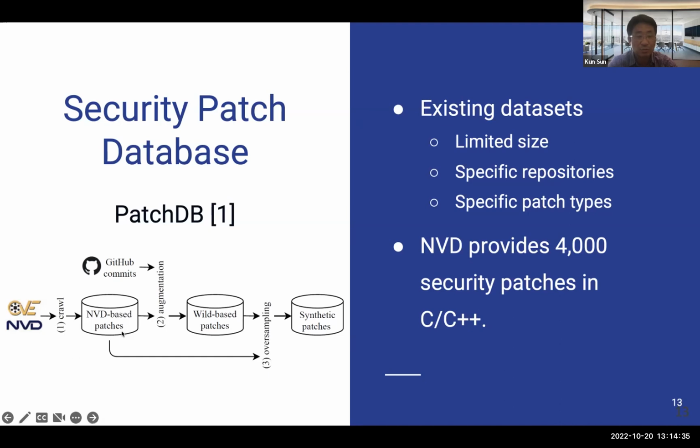First, we crawl the NVD database and get these 4,000 patches. Then in the second step, we do augmentation. We try to find more security patches and non-security patches from GitHub commits, and then we can collect these wild-based patches. Then in the third step, we do some oversampling. We can create more synthetic patches.